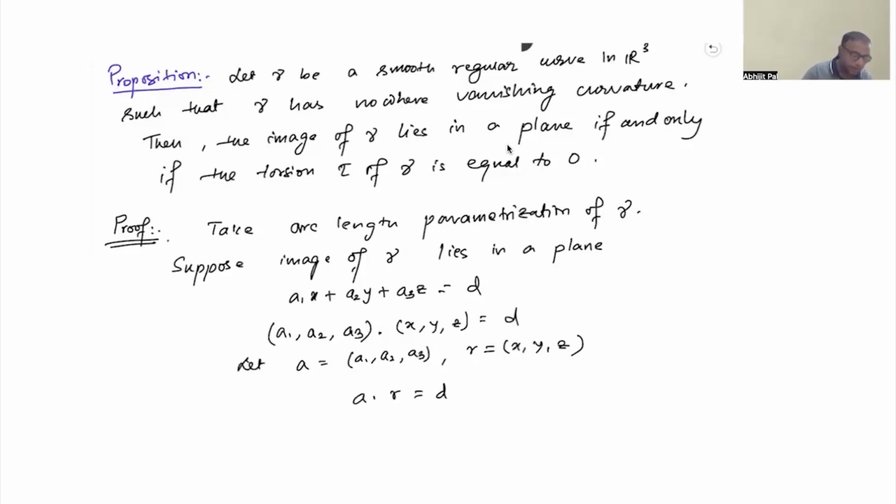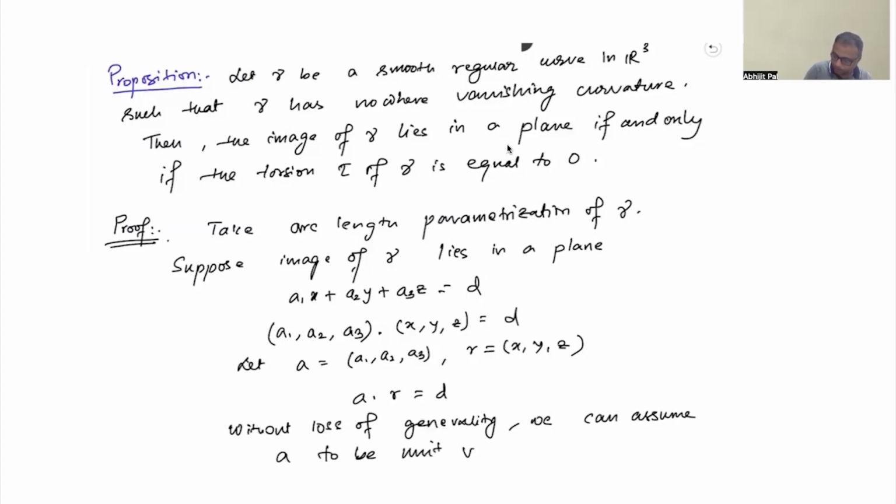Also, without loss of generality, we can assume a to be a unit vector. If it is not a unit vector, divide both sides of this equation by the norm of a.